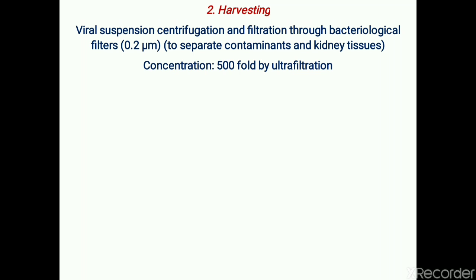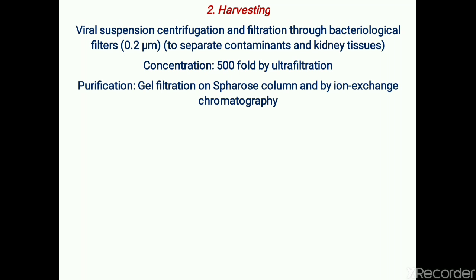Next step is concentration. This viral suspension is then concentrated 500 times by the method of ultrafiltration. Ultrafiltration is a method of separation of biomolecules on the basis of molecular size. That's why it is a highly selective method for concentration.